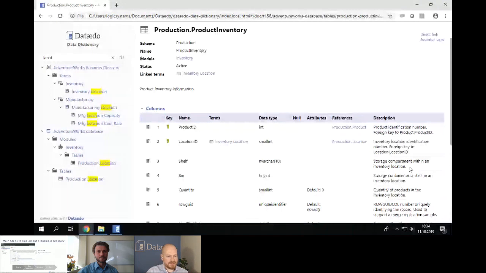And business can focus on the meaning of the data, and the fact that you have those linked gives both parties a much better perspective. So IT can understand the actual meaning of the data they are handling, and business can find the data much easier. Okay, so that was it about the presentation.